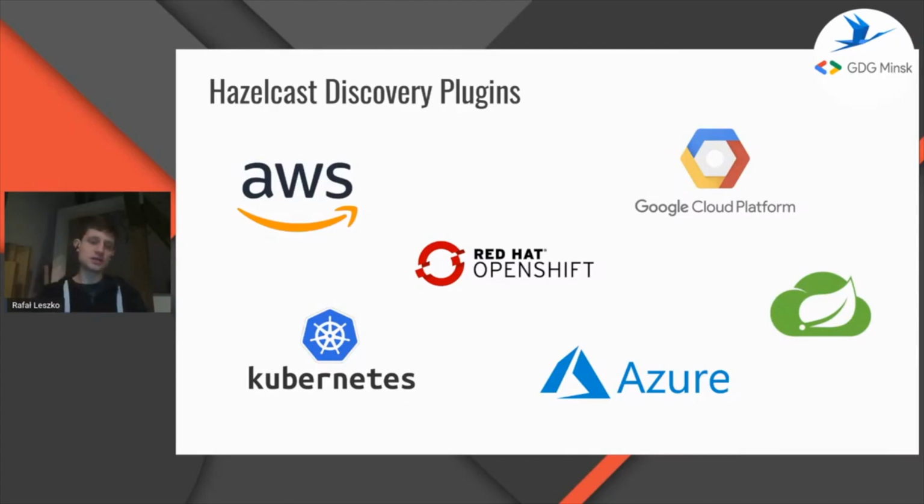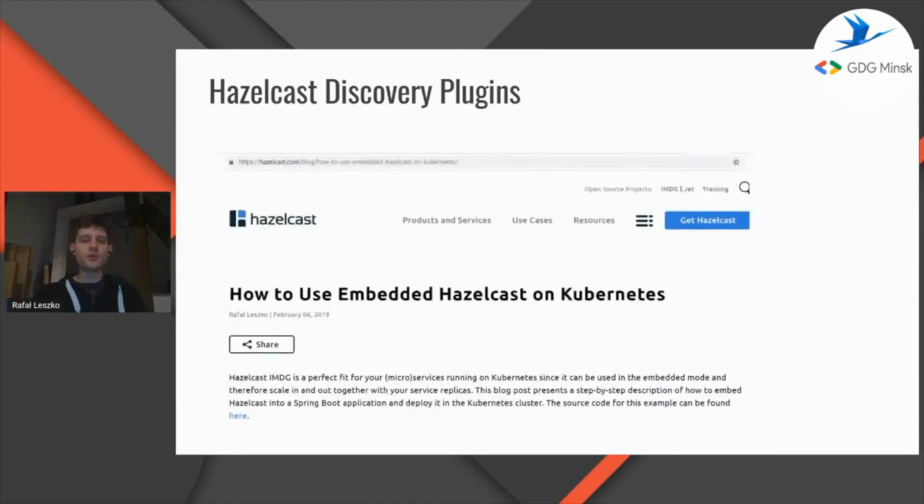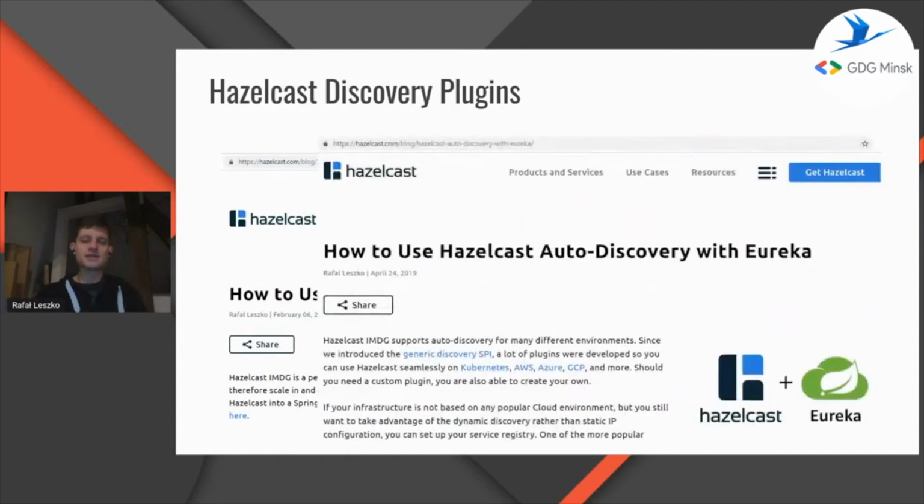You just run your Hazelcast wherever you want, and it finds the environment and it finds other members. If there is no plugin for your environment, then you can either implement it on your own or piggyback on Eureka or Zookeeper for the service discovery. If you're interested in details, we publish a lot of blog posts on how to configure this on Kubernetes or how to set it up with Eureka or AWS, etc.